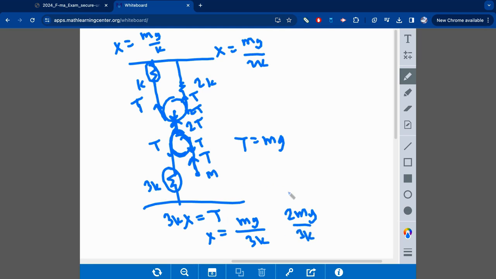So the change in the amount it's stretched is mg over 3k. For this spring over here, instead of mg over k, it's going to be 2mg over k, which means it's going to be stretched by mg over k. And then for this spring, it's going to go from mg over 2k to 2mg over 2k, which is mg over k, which means it's going to be stretched by, if we subtract these, mg over 2k.